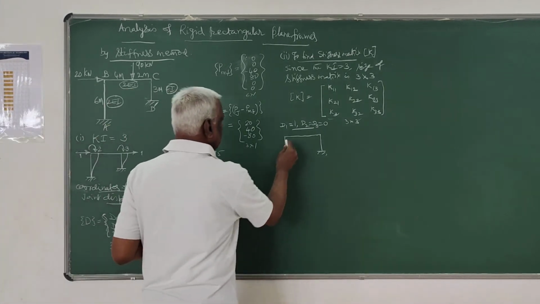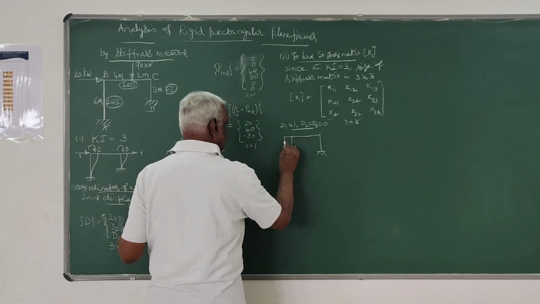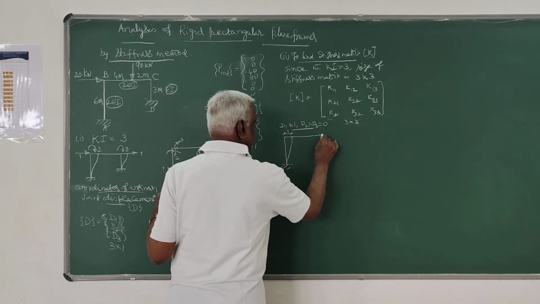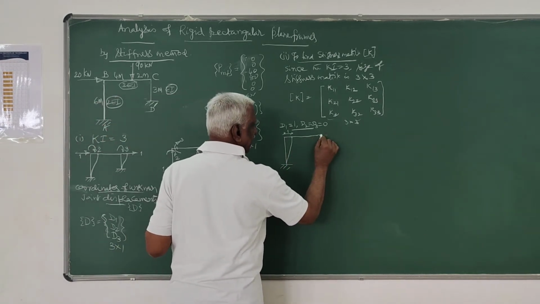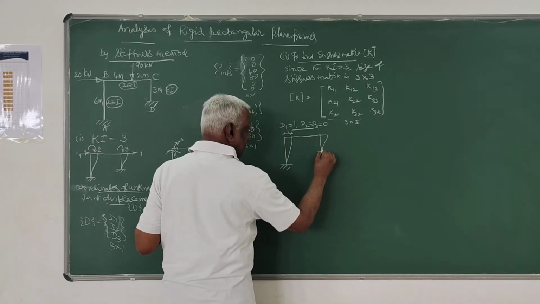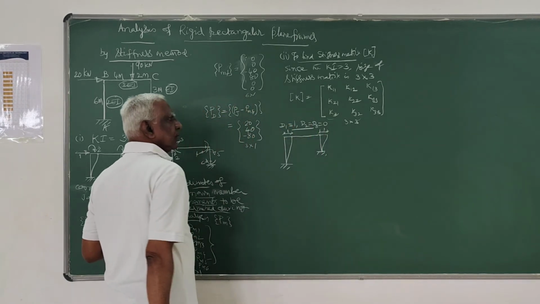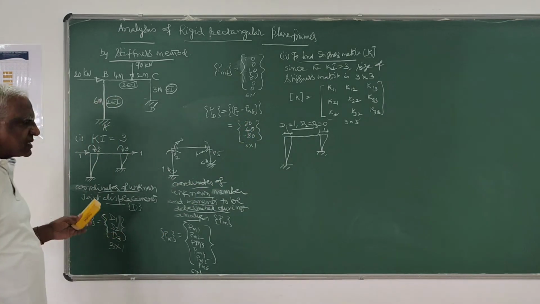So d1 should be 1, that is along this direction. So you have to give a unit displacement. Here also it is 1, that is the kinematic indeterminacy direction. This is how the frame displaces.